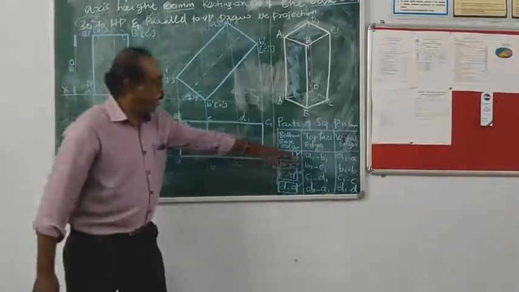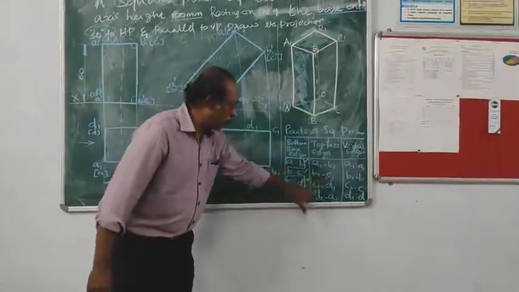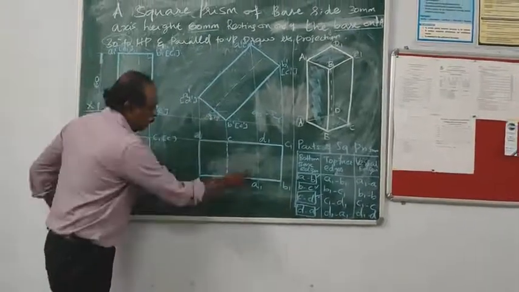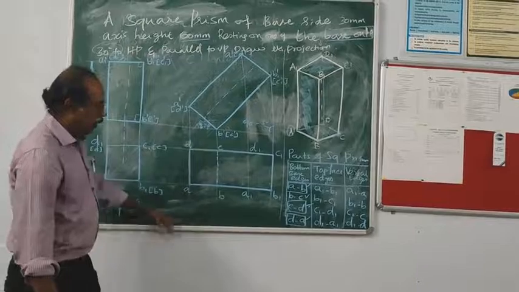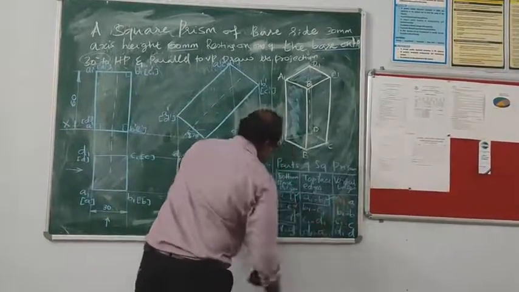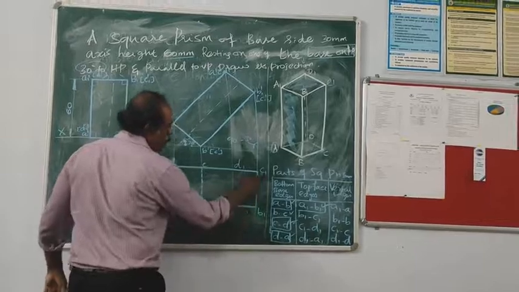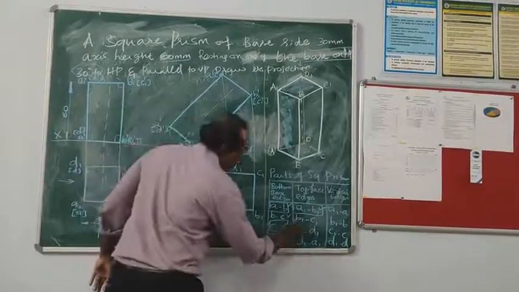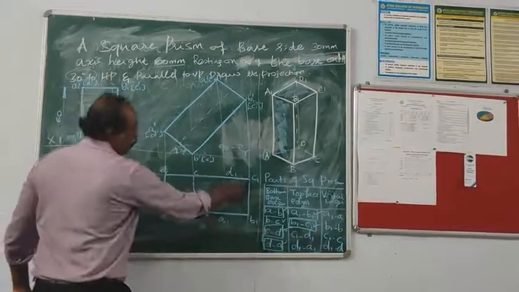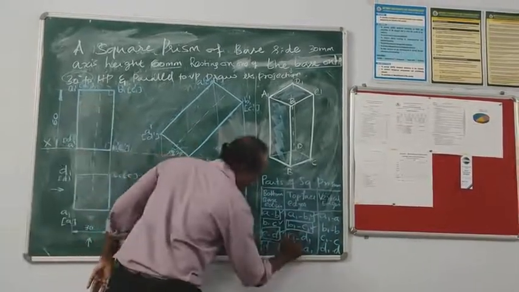Top face edges: A1, B1, B1, C1, C1, D1, D1, A1. A1, B1 is already connected to the boundary, so leave it. B1 and C1 are already connected to the boundary, so leave it. Put a tick mark. C1, D1 are already connected.